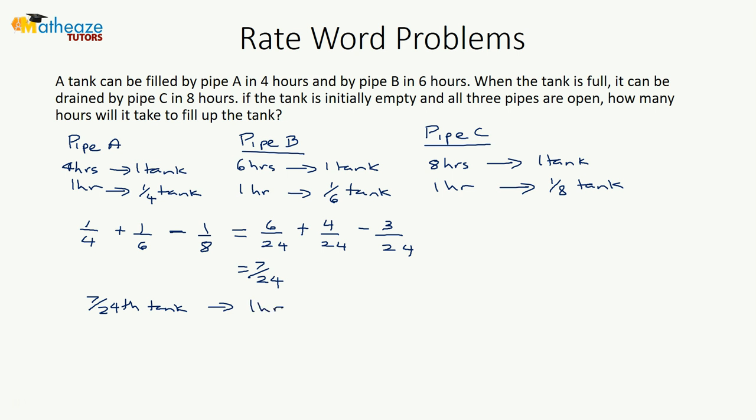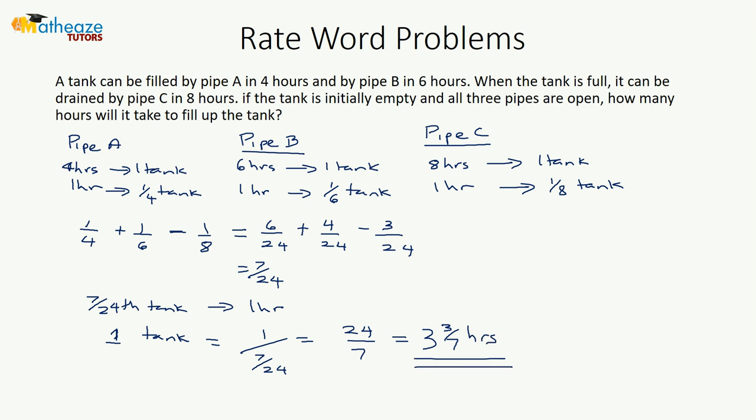So we want to find out how long it is going to take to fill up the tank. The tank is represented by 1. So 1 tank is going to be 1 divided by 7/24. So it's going to give us 24/7 hours.